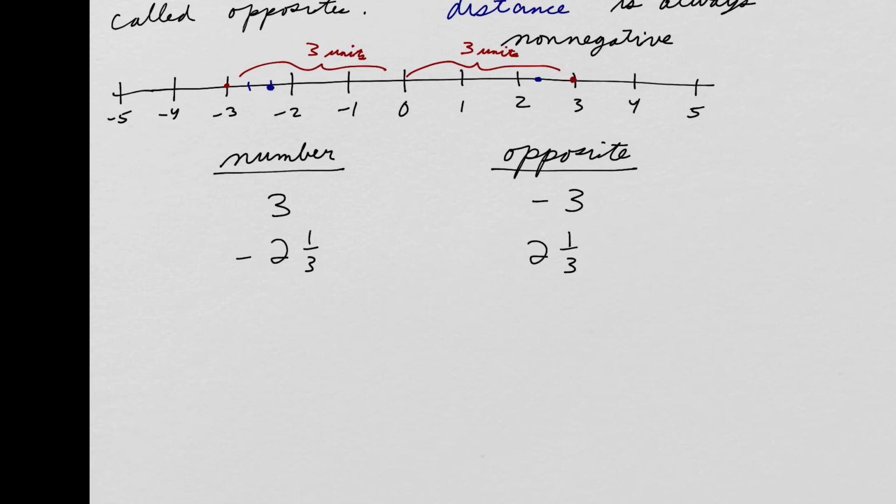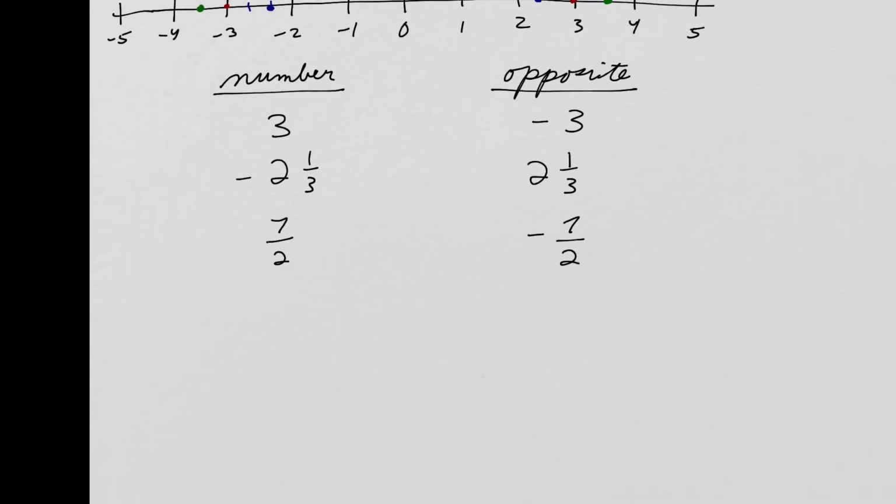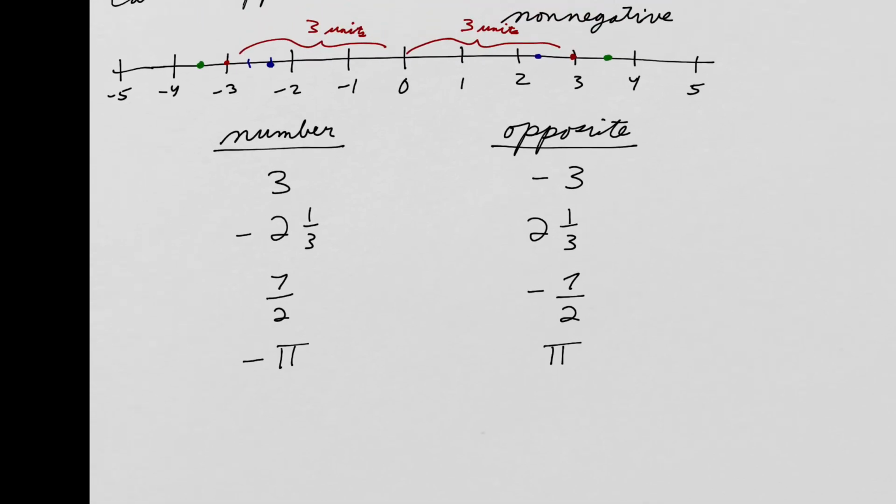So you can see here, to find the opposite, all you have to do is keep the same number and then change the sign. So if your original number is 7/2, which by the way is like 3.5, right here, the opposite must be -3.5. In this case, we'd write it as -7/2 because we're keeping it as a rational number, as a fraction. If your original number was -pi, what's the opposite? +pi, and so on. So really all we're doing is changing the sign to find the opposite.